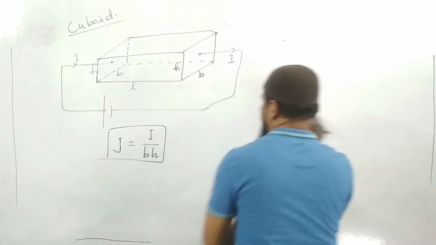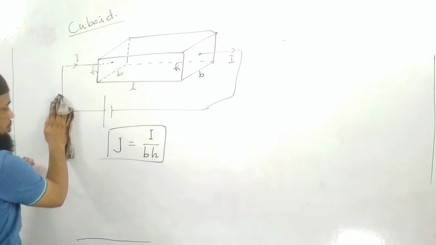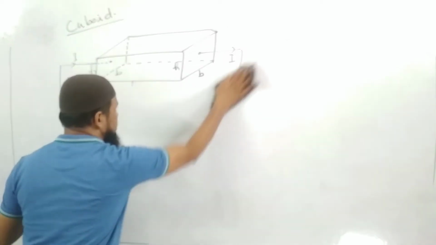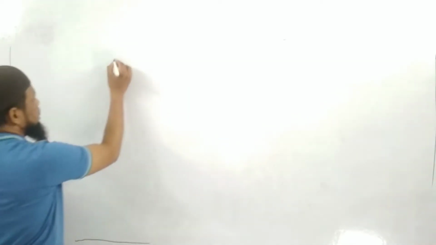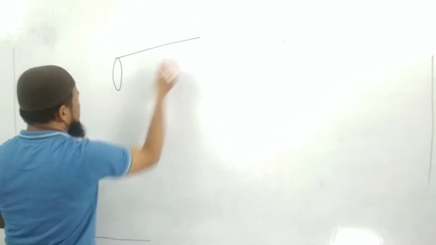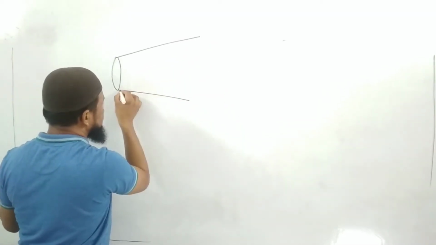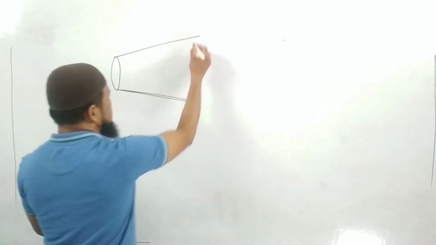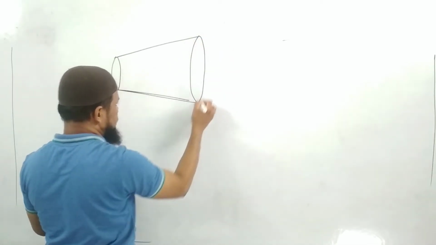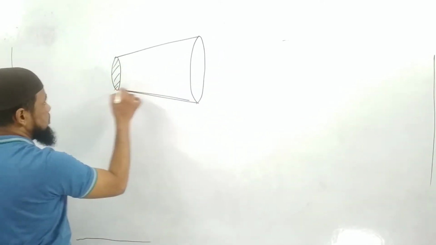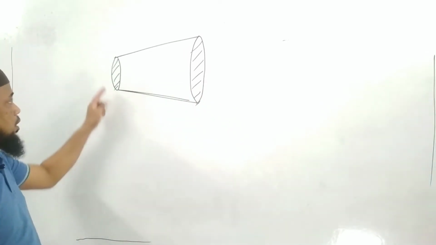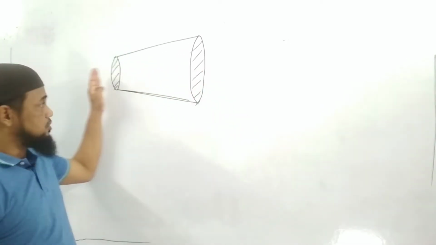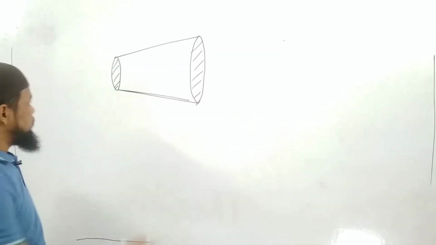Let me take another example, a very simple example. Some very crucial important points I'll tell you. If we use a conductor having non-uniform cross-sectional area, and to make the problem simple, let me say from here to here the cross-sectional area is increasing uniformly.